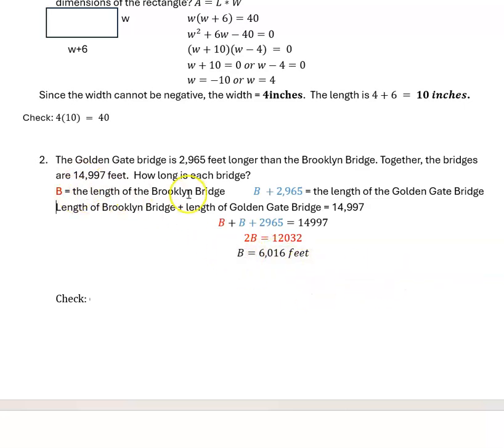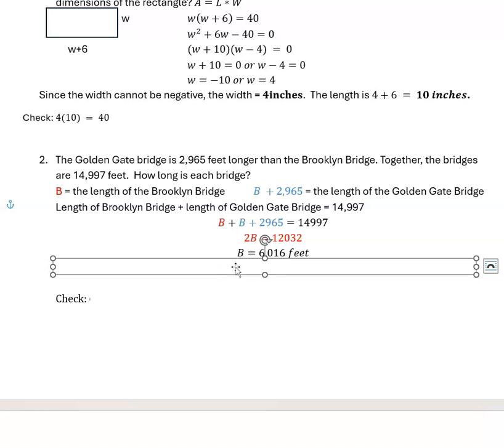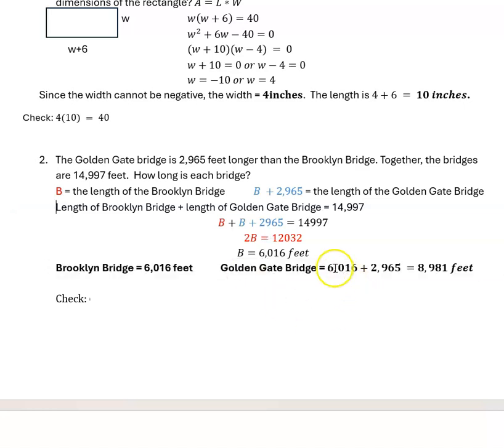We said B was going to be the length of the Brooklyn Bridge, so I know that's the Brooklyn Bridge. And then I know that if I take the Brooklyn Bridge and add 2,965, I get the Golden Gate Bridge. And the check for that would be, do my 2 bridges actually add up to the 14,997 feet that they said they were going to add up to? And they do. And the difference is what it says it should be, 2,965.